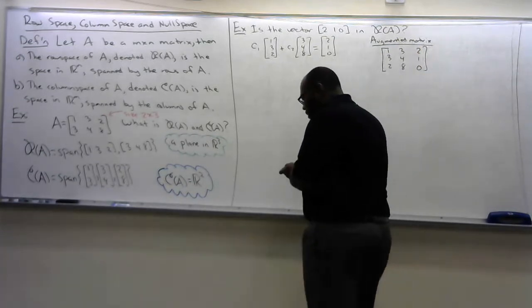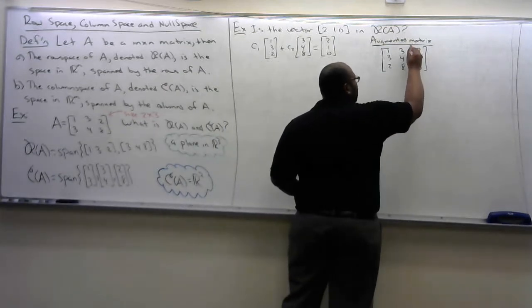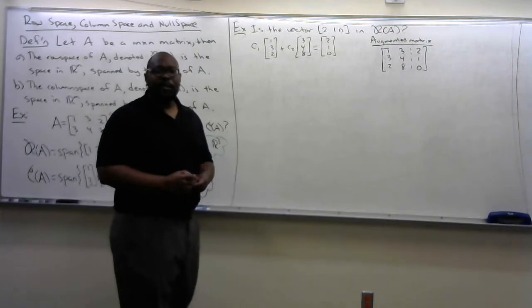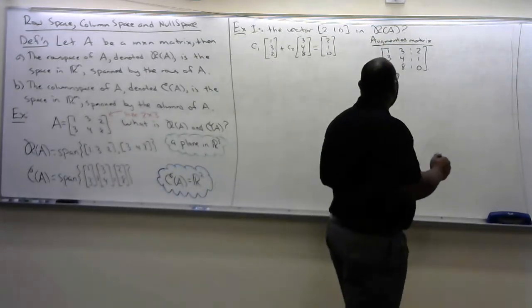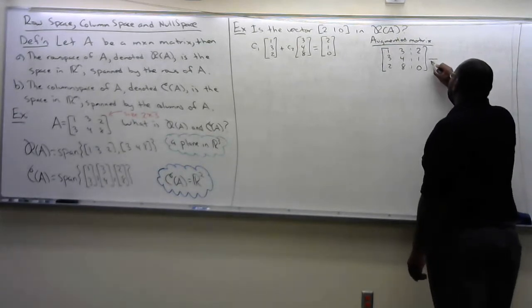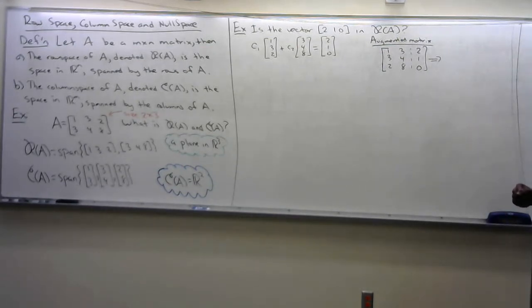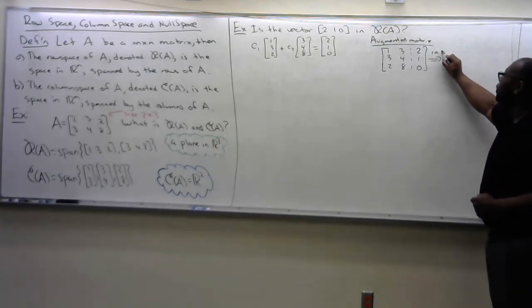We'll solve this system. What's the reduced row echelon form of this? Pause the video, see if you can get it, and tell me what the solution would be. Well, welcome back. What did you get when you did the reduced row echelon form?